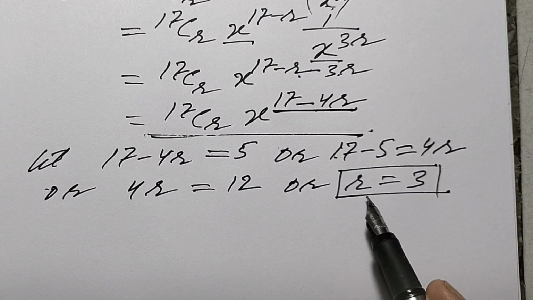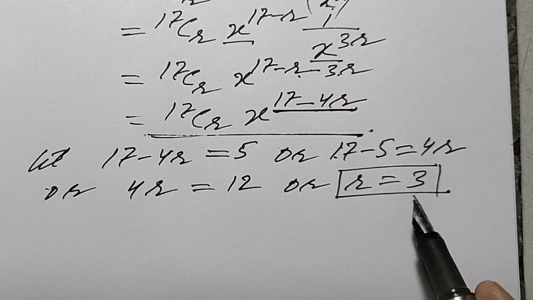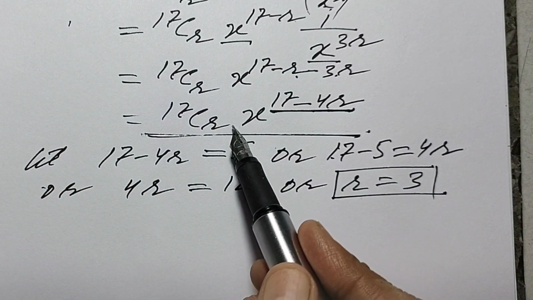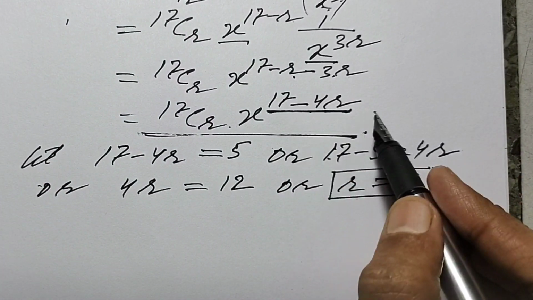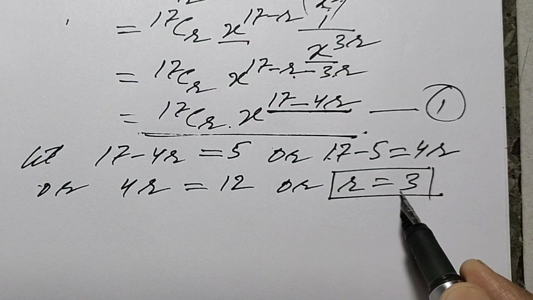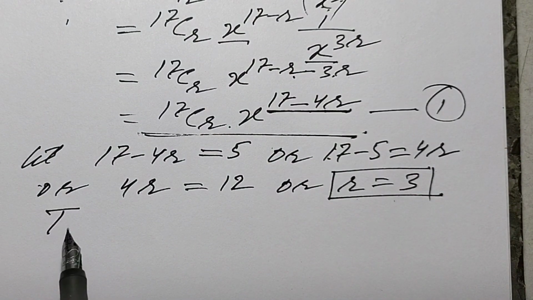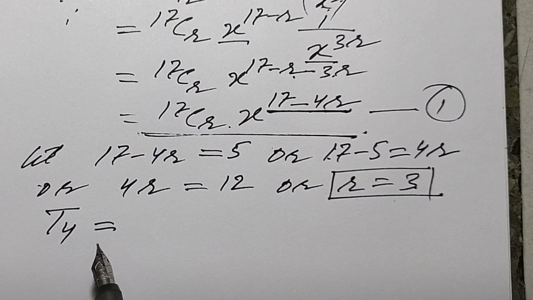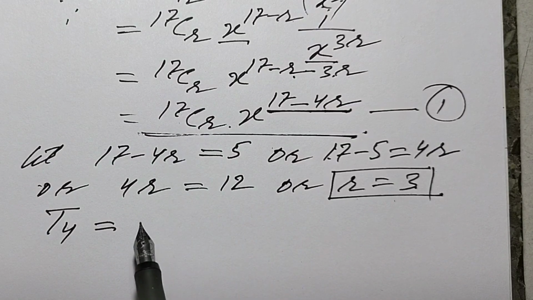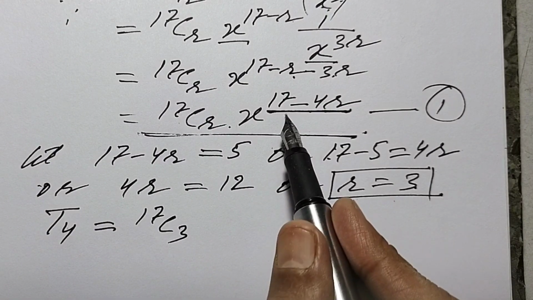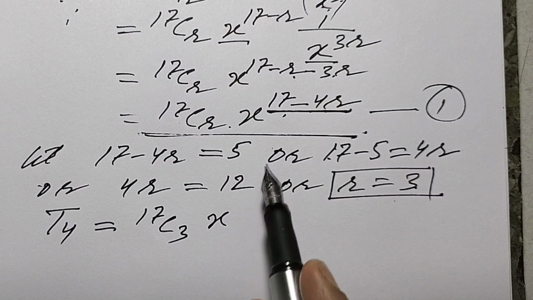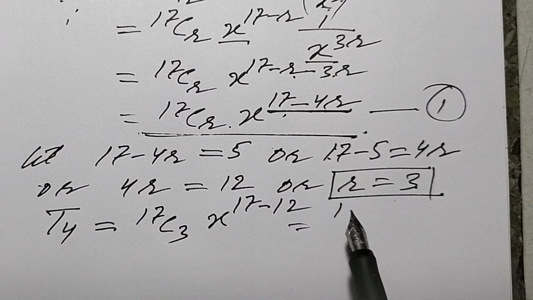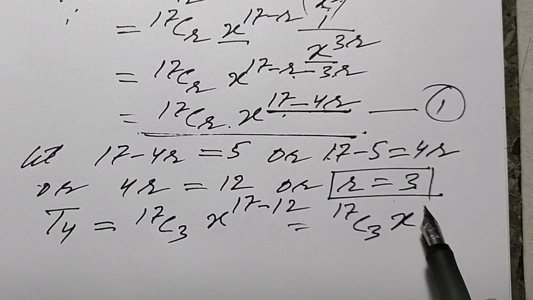So after finding out this value of r, we need to substitute this value of r in our t(r+1), which we have already calculated in terms of r. So let it be equation number 1. So substituting this value in equation number 1, if we substitute this value of r in the left hand side, we get t4. That means x raised to the power 5 will be created in the fourth term. And here we have 17C3, and here we have x raised to the power 17 minus 12, that is 17C3 x raised to the power 5.